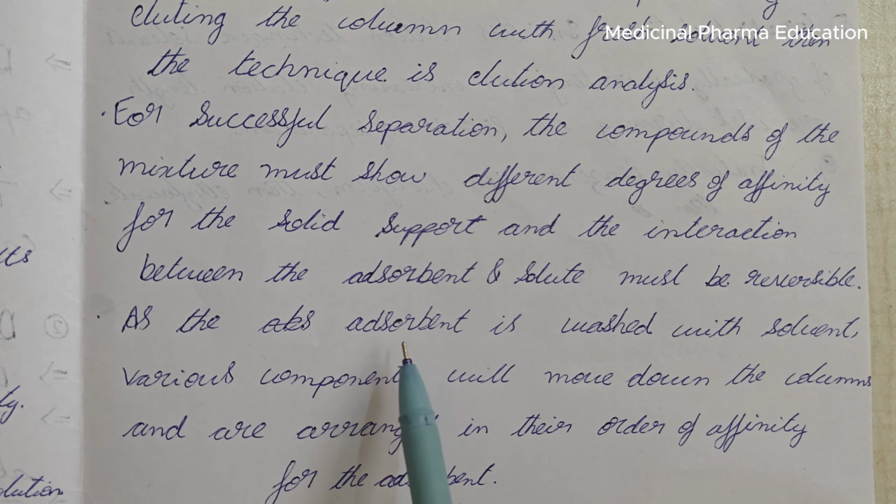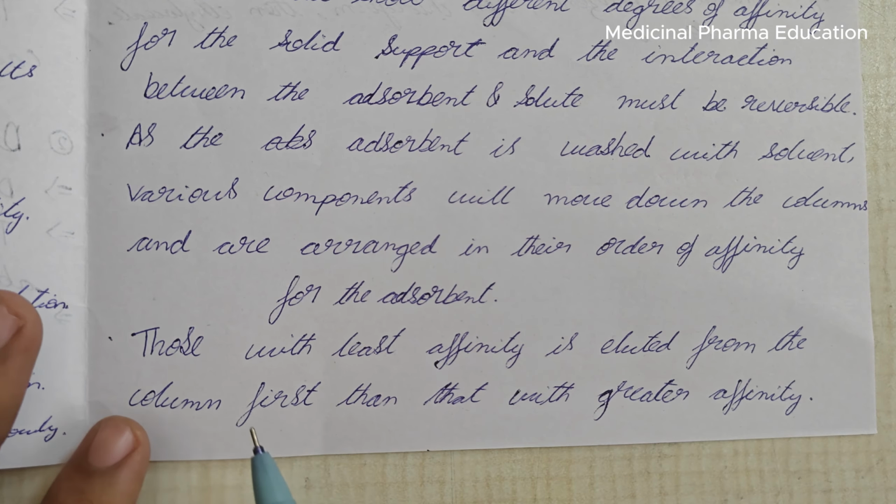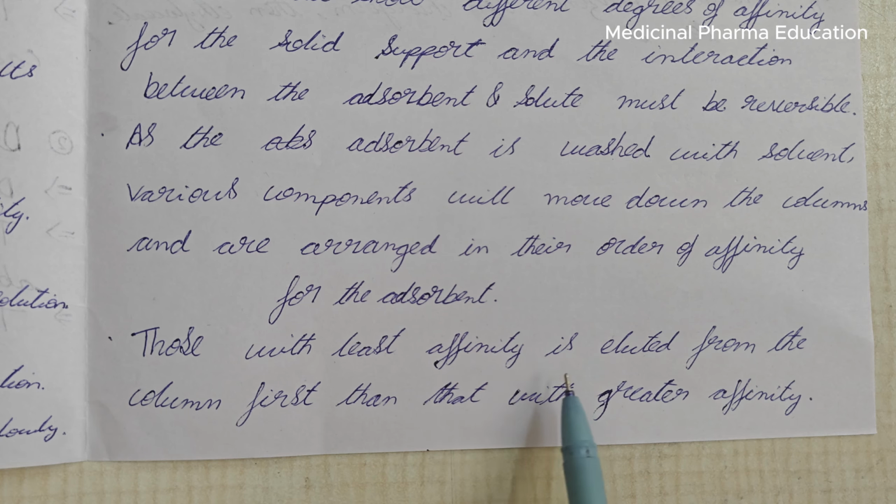As the adsorbent is washed with a solvent, various components will move down the column and are arranged in the order of their affinities for the adsorbent. The one with the least affinity is eluted from the column first, then the one with greater affinity.